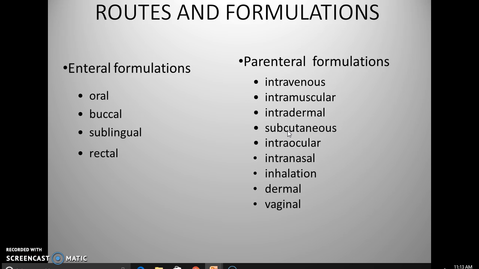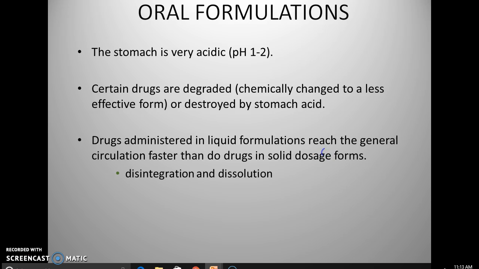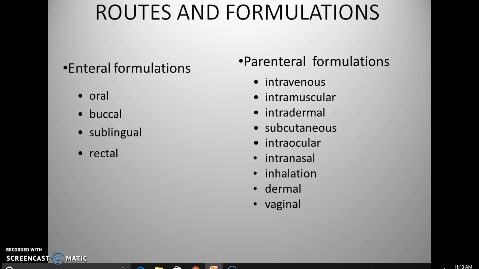Another parenteral route is intranasal, which you see right over here. And things that may be associated with the intranasal parenteral route include solutions, suspensions, ointments, and gel. Another one that is also an intranasal is into the nose.